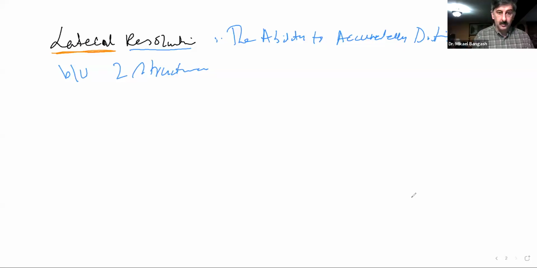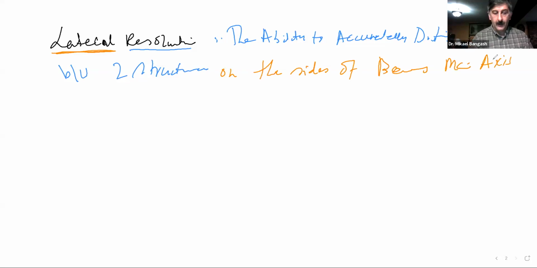Or we mainly say on the side. That's why it's called lateral, because it's going to be on the sides of the beam's main axis.